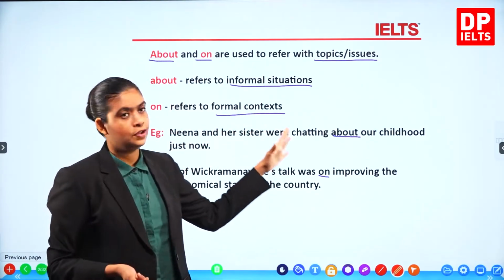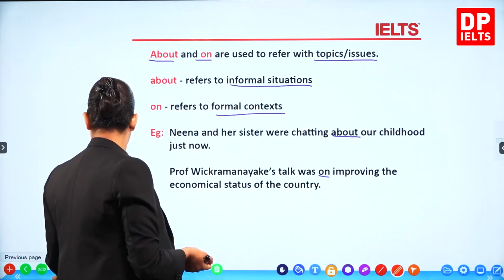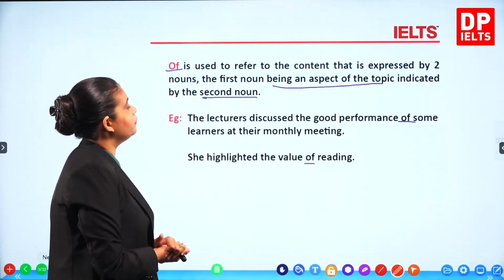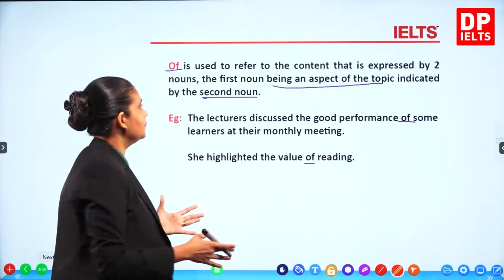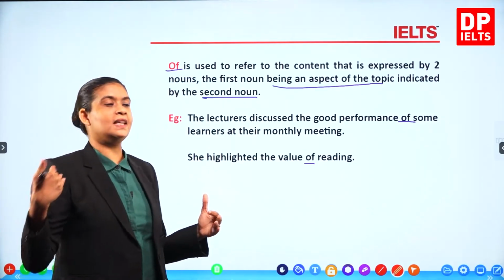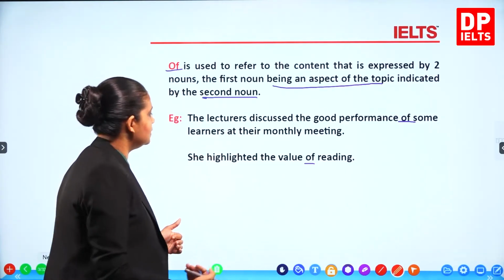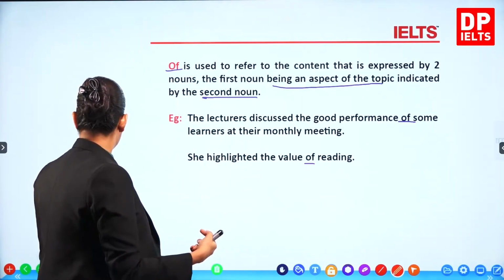On refers to a formal context. Of is used to refer to the content that is expressed by two nouns, right? The first noun is an aspect of the topic indicated by the second noun. Okay? Next one.